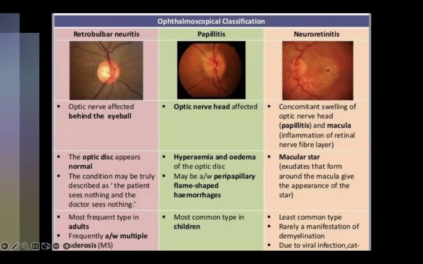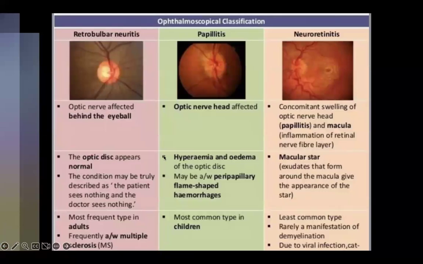Retrobulbar optic neuritis is usually the classic form of optic neuritis, and you don't see any changes. So the clinician doesn't see anything, and the patient also doesn't see anything. And in papillitis, you see the disc edema and the patient complains of blurred vision as well. This is the most common type of optic neuritis seen in children. They get disc edema, but in adults, they don't get disc edema.